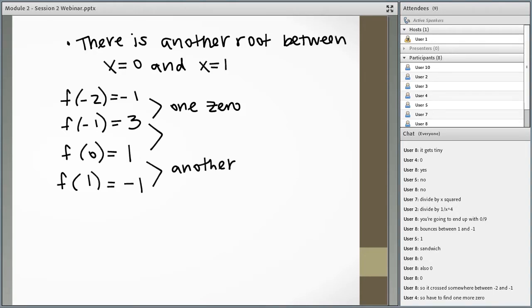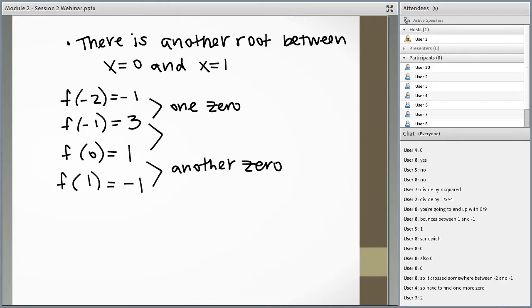Are there any other points that we have left to check? Good, 2. And I just said I would call it roots, and then I called it zeros again. Sorry, they're the same. Now I can check f of 2. When I plug in 2 for the original function, I get 3. So the graph has gone from negative 1 to 3, which means, again, it had to cross the x-axis somewhere in between 1 and 2.